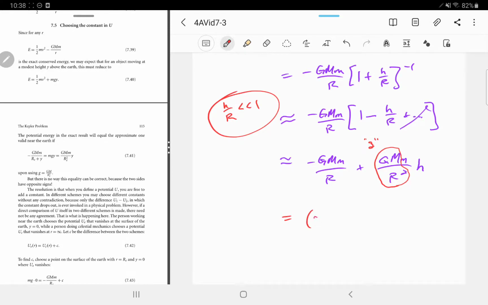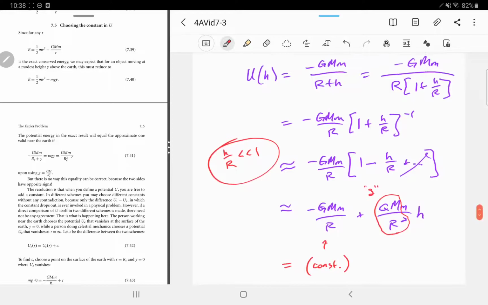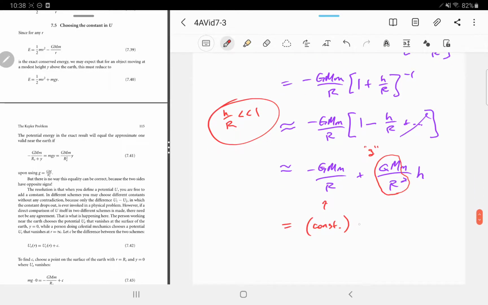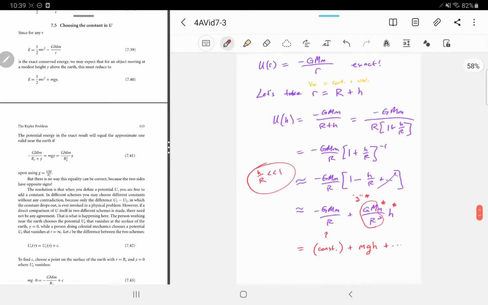So this is equal to a constant. All this stuff is constant. We're just saying that lowercase h can change, with our potential energy function. So we have a constant plus, see what's left? We have mgh. And then there are other terms here, but this is exactly where mgh comes from.